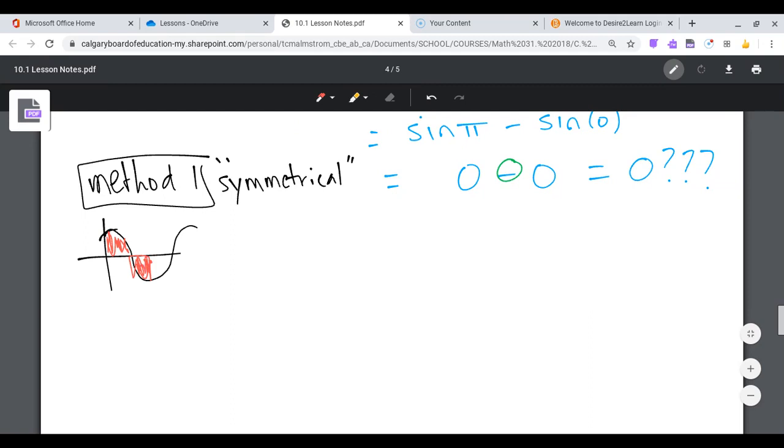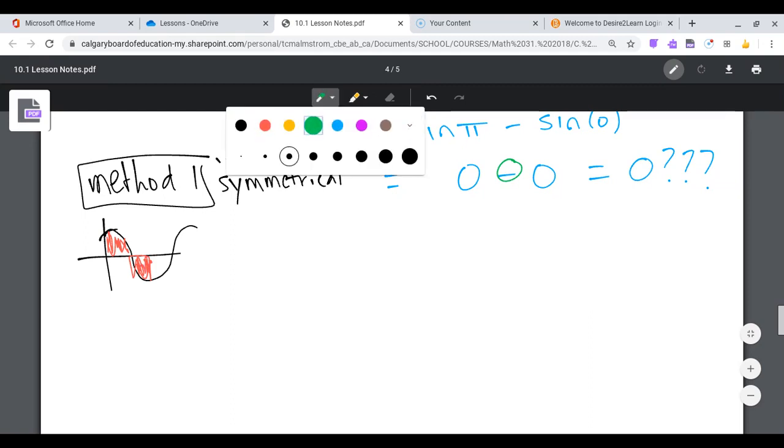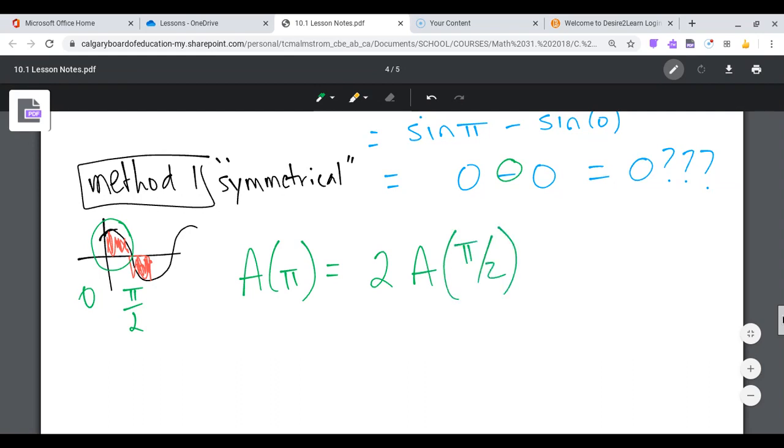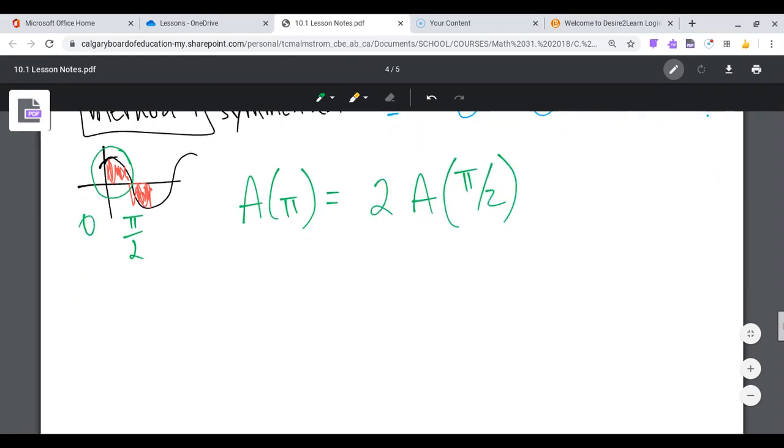If I recognize that, then what I could do is just calculate the first chunk from 0 to pi on 2 and double it. So that's using symmetry, okay? So A of pi would be equal to 2 times A of only pi on 2. Okay, so this is using my symmetry.